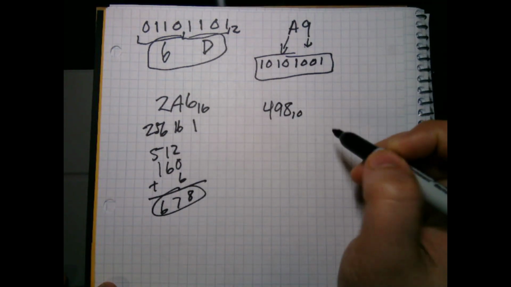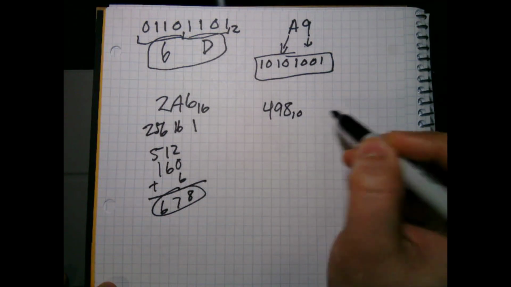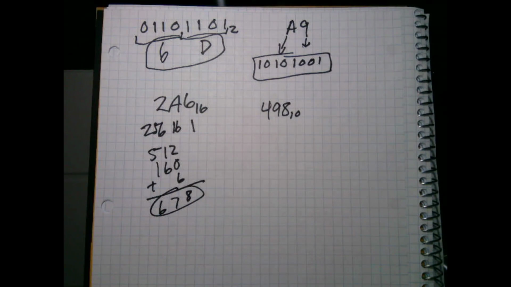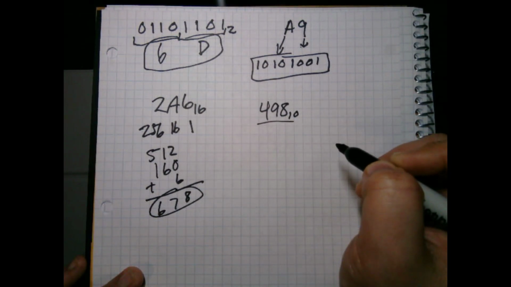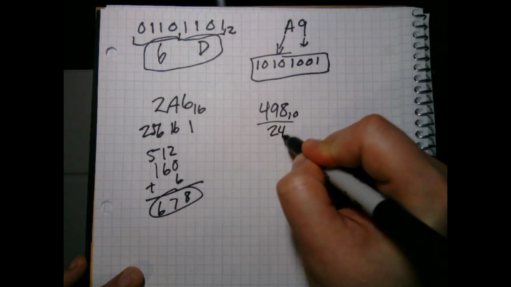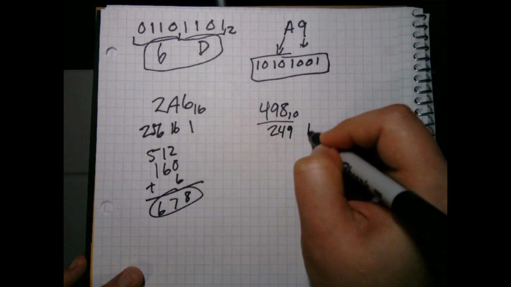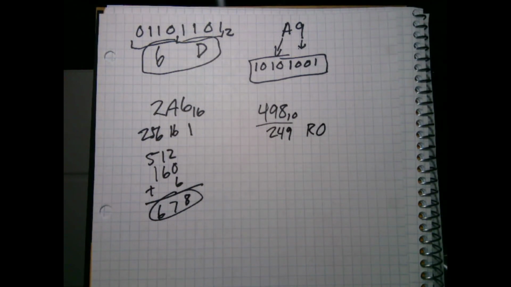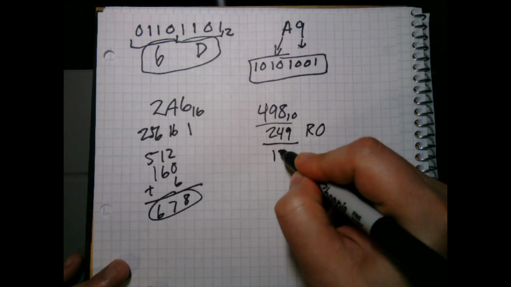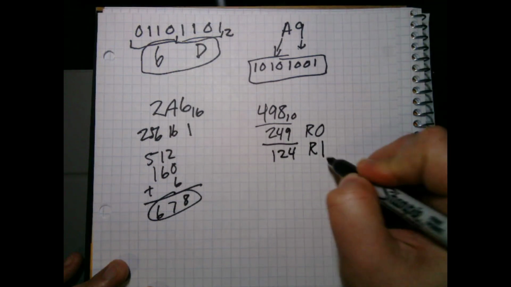So let's do that. Starting with our 498, we're going to divide by 2 and note the remainders. For our first operation, divide this by 2. You get 249 with a remainder of 0. It's an even number, so there's no remainder. And then divide 249 by 2, we actually get 124 with a remainder of 1.